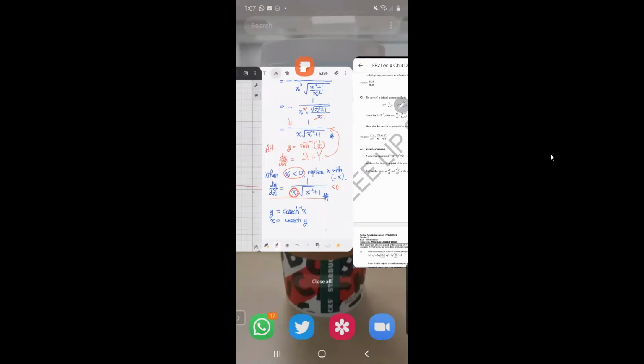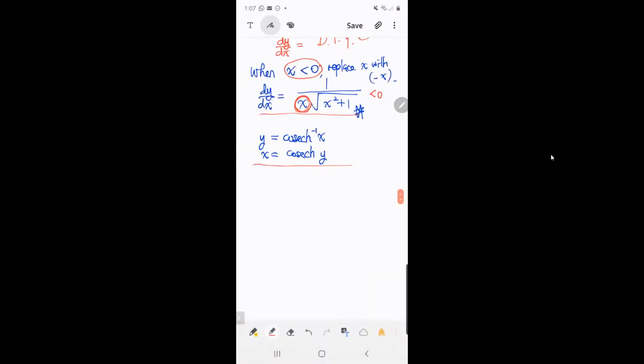You have the implicit equation x cubed plus xy squared minus y cubed is equal to 3.